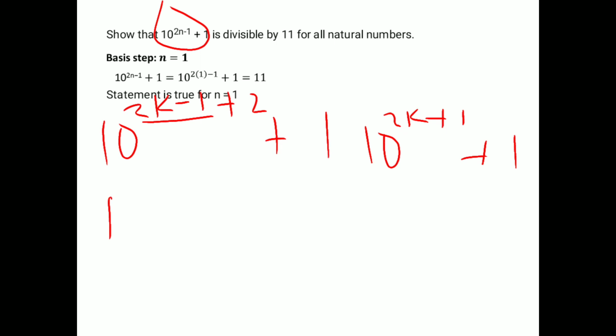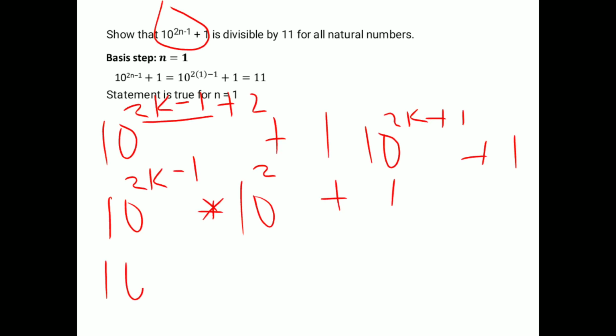Now that will be 10 raised to power 2k minus 1 plus 2, which means 10 raised to power 2k minus 1 times 10 raised to power 2. 10 raised to power 2 is 100, and everything plus 1.